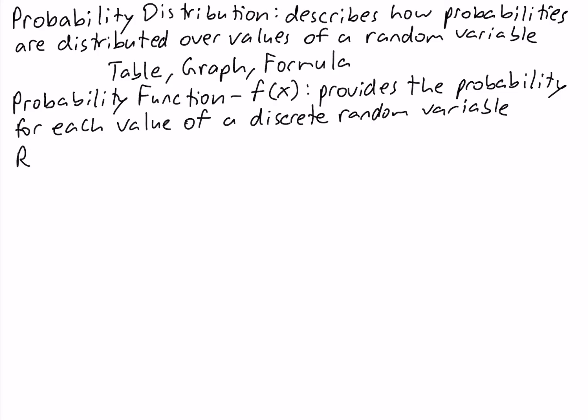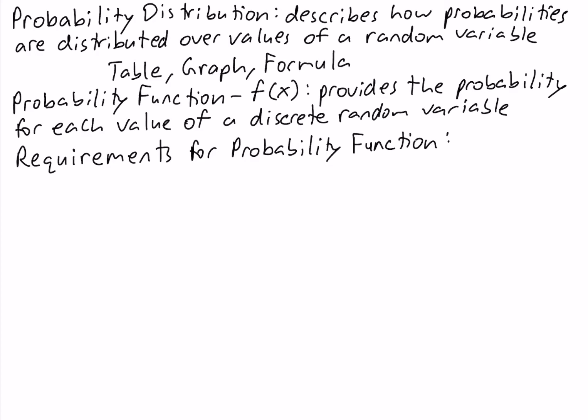Now, there are two requirements for our probability function. The first requirement is that each f of x is greater than or equal to 0, and the second requirement is that the sum of f of x is equal to 1.